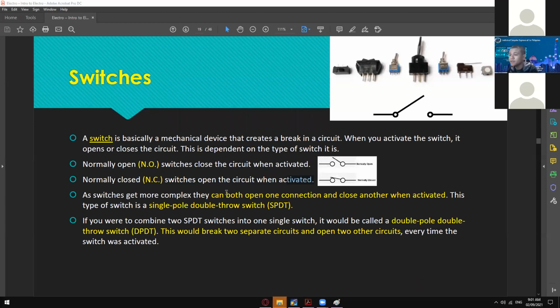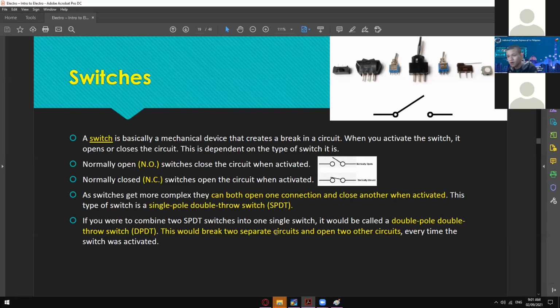And then we have the second type of switch, wherein it can open both and close both connections. My bad, this is just the single. So this is the double open and then double close. But this one has one open and one close at the same time. If you turn on this one, it will turn off one of the connections, and vice versa.